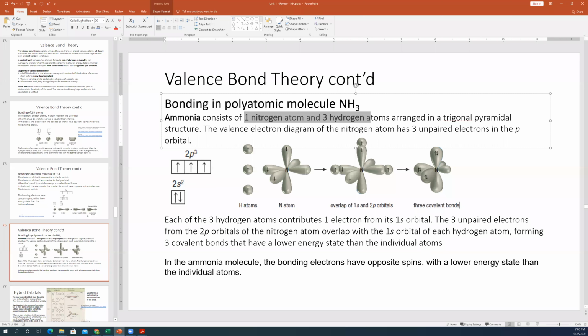Again, these covalent bonds have a lower energy state than the individual atoms had, so it's very favorable. And just keep in mind that the bonding electrons have opposite spins now that they're shared together in a new bonding orbital. Okay, are we clear so far?